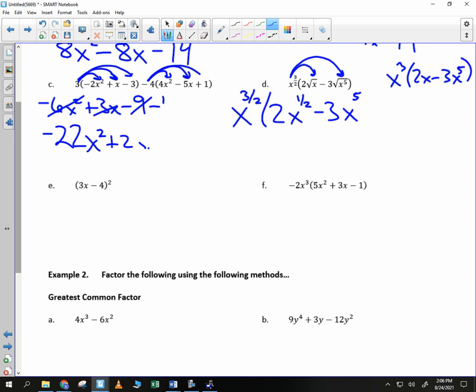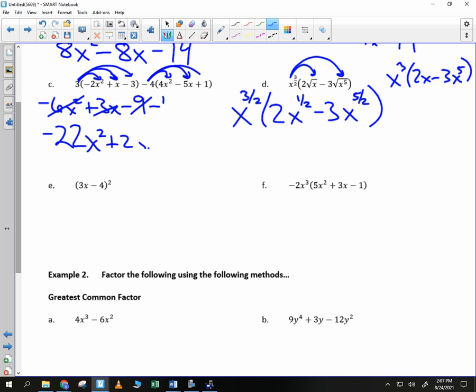Good. Can everybody convince themselves that these two expressions are the same? Then we will go about our business where we'll distribute and add the exponents.